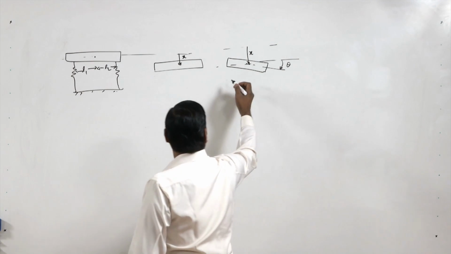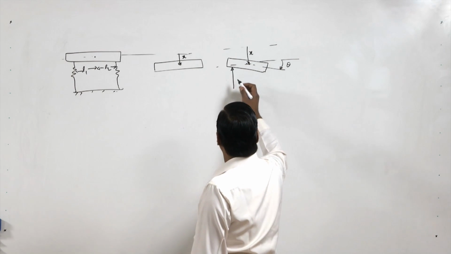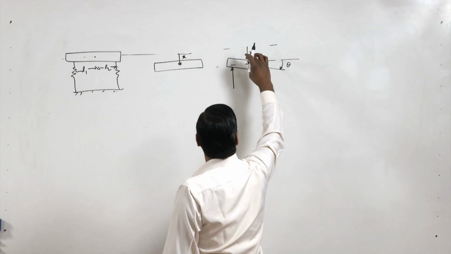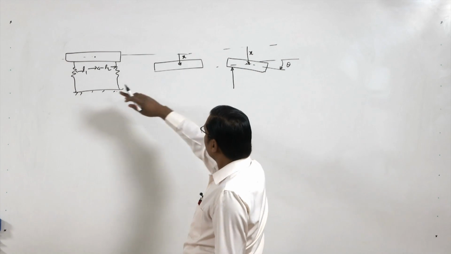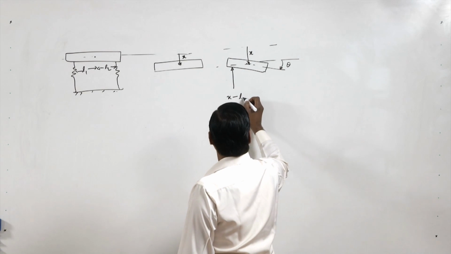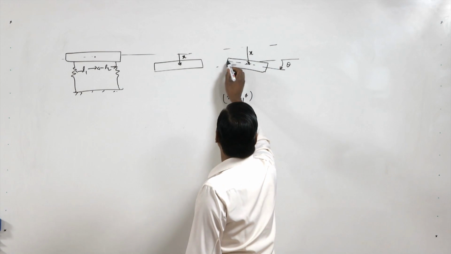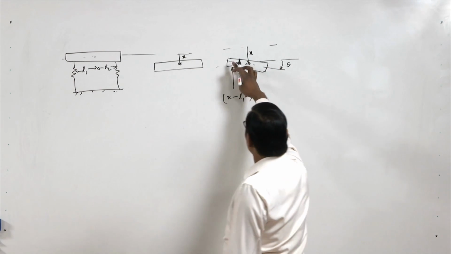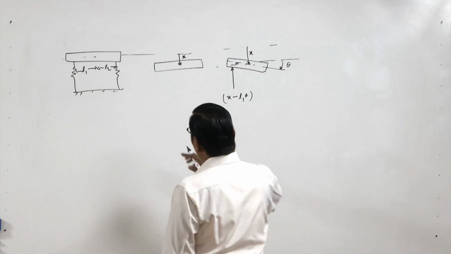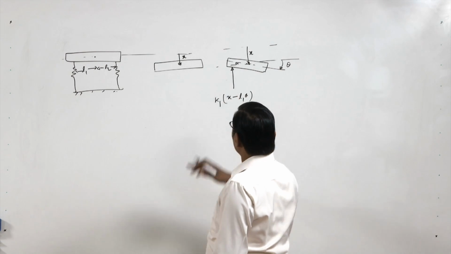The forces acting at this point: the total deflection of this spring is x minus L1 theta, because this is theta and here this is theta. So x minus L1 theta times K1, that is the force acting on this.